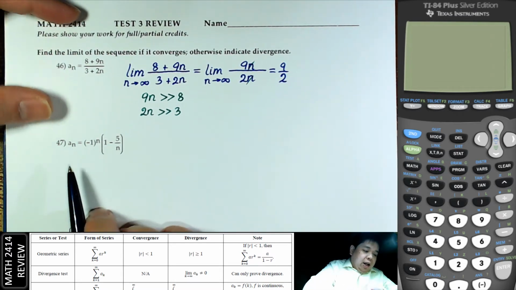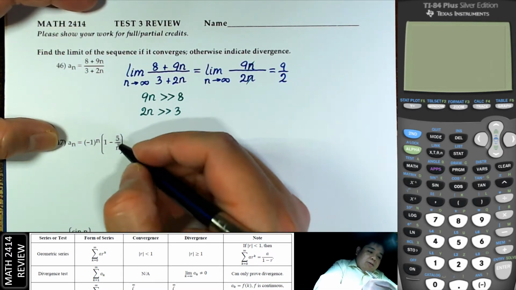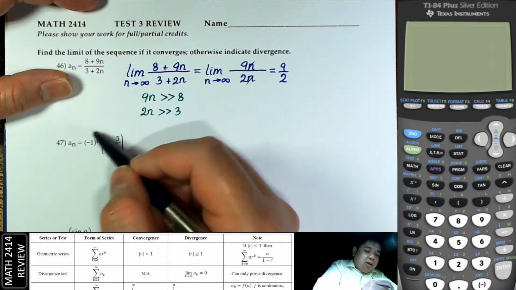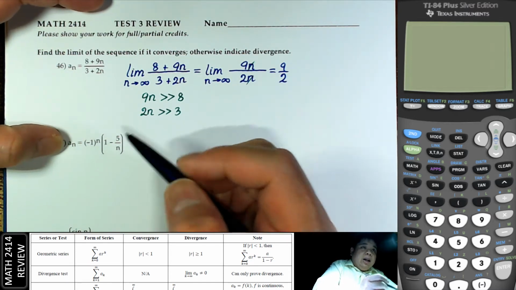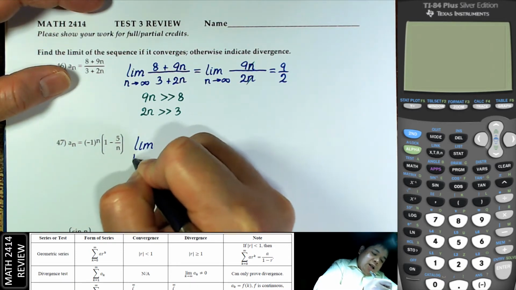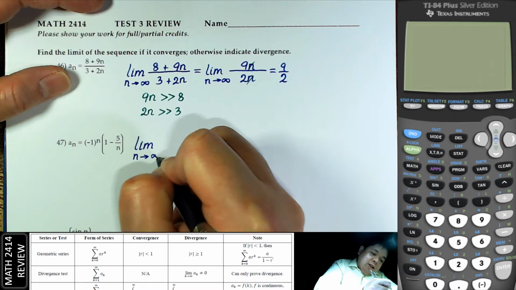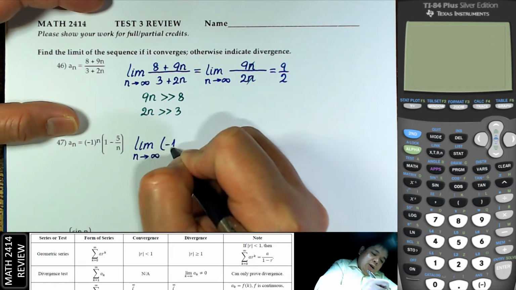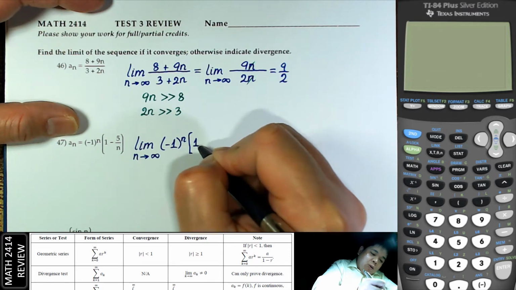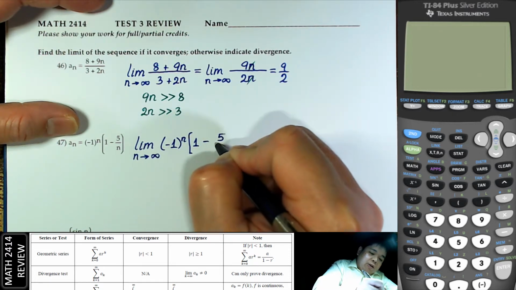Right, next we find the limit of this sequence that has the n terms given in this form. So we take the limit as n goes to infinity, negative 1 to the n power, and then we have 1 minus 5 over n.